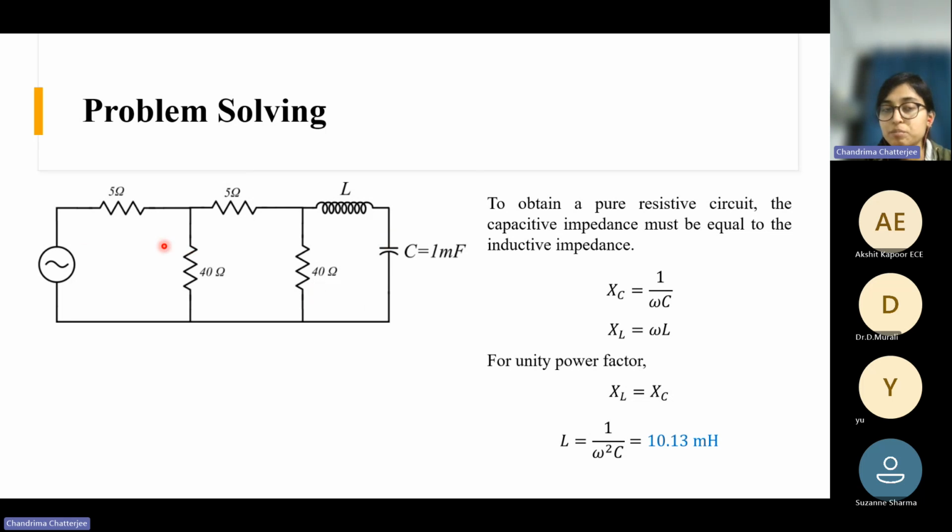The effective impedance that is seen by the source will become purely resistive, and the power factor will be unity. So I have simply equated them, and from here we can get the L value, which is 1 by omega square C. Okay, what is omega here?